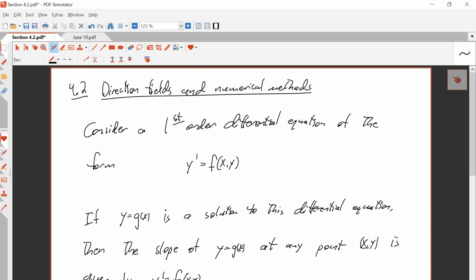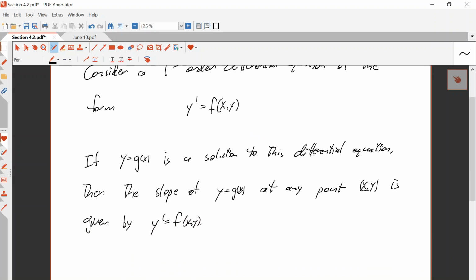I mean, dy/dx, or y prime, is the slope of a function at a given point.